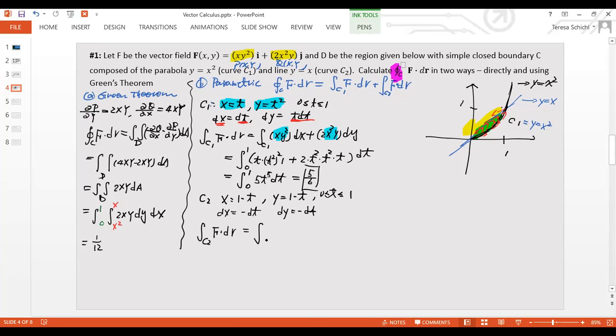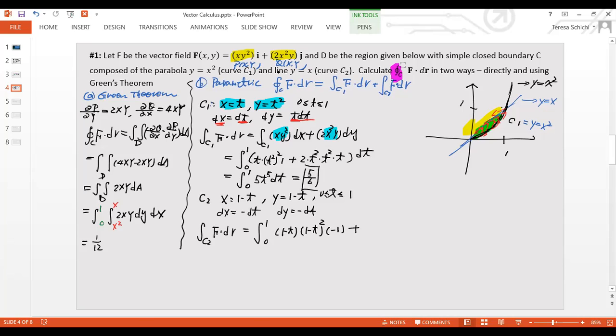Now let's take a look at C2, the integral of F dot dr, from 0 to 1. You plug back in: 1 minus t times 1 minus t squared, times dx/dt which is negative 1.